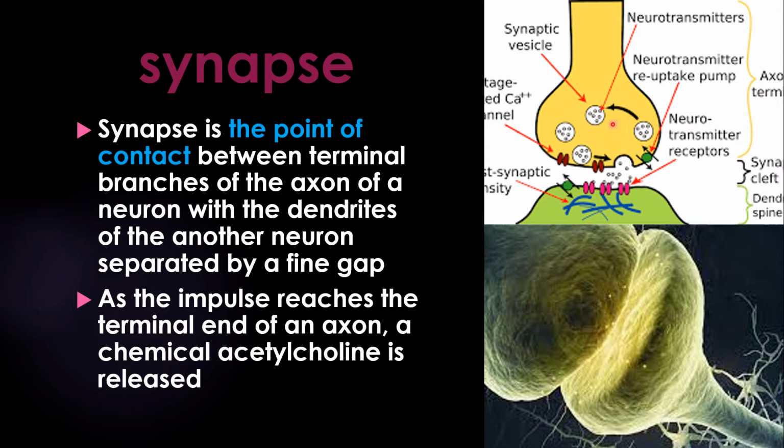Then a chemical, acetylcholine, is released. This acetylcholine helps in the transmission of impulse from one neuron to another neuron.